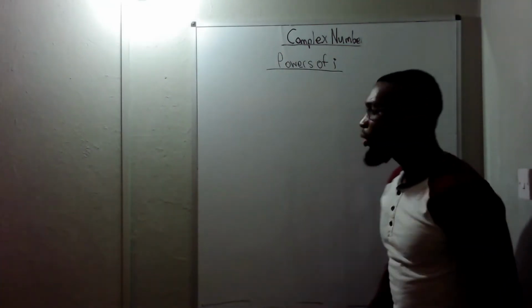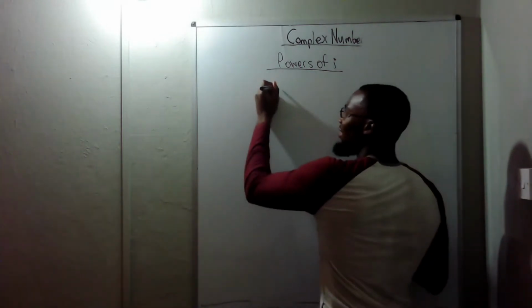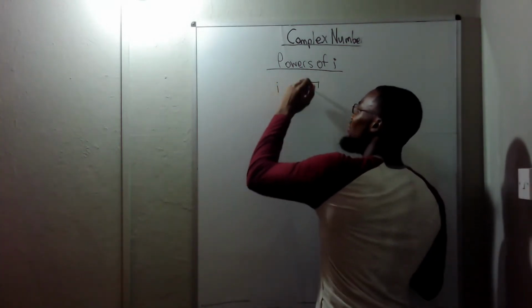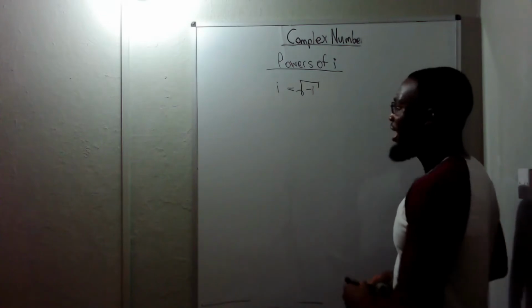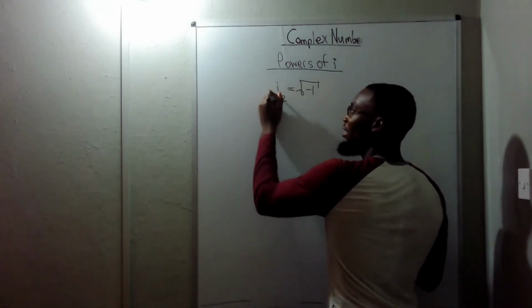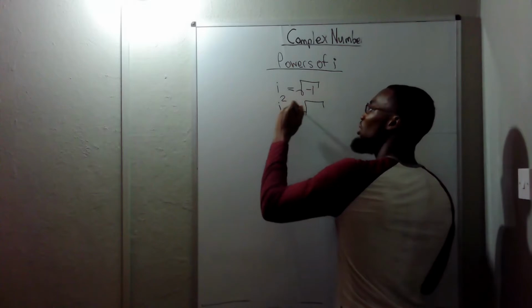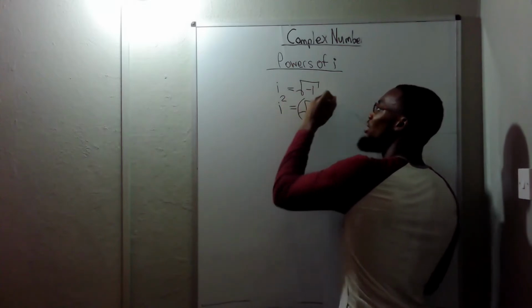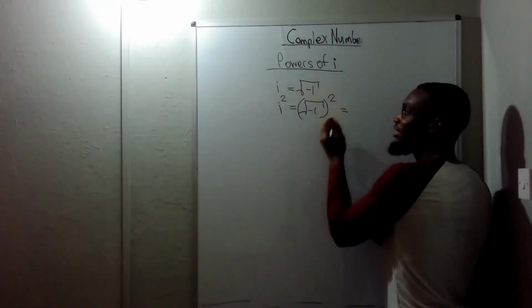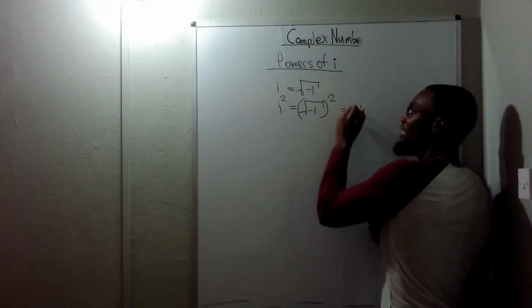Just to review the powers of i, we said that i is equal to the square root of negative 1. If we square both sides, then i squared is equal to the square root of negative 1, all squared. The square cancels the square root, and so i squared is just negative 1.